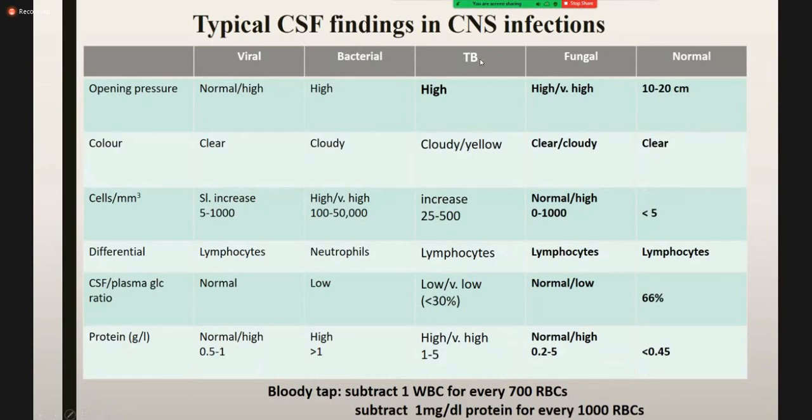The typical finding in chronic fungal CNS infection would be a high or very high opening CSF pressure, with clear or cloudy appearance and almost 1,000 normal or high cells, predominantly lymphocytes, and CSF plasma glucose may be normal or low, with normal or high proteins in a range of almost 0.2 to 5 grams per liter.